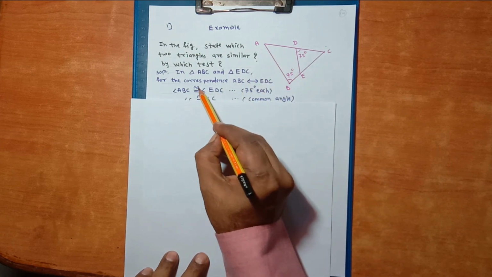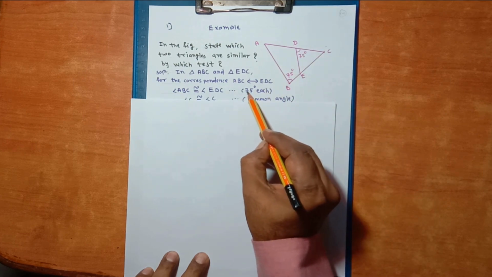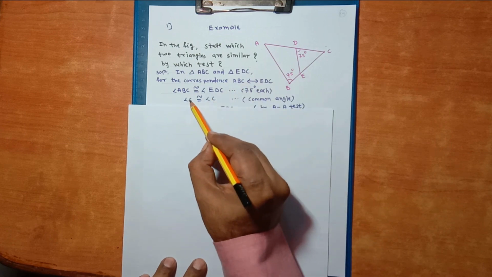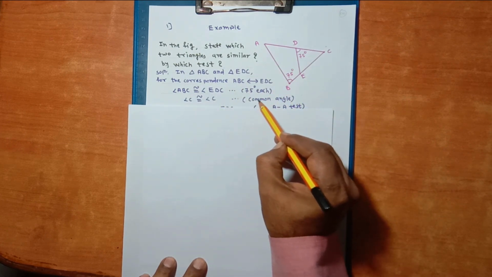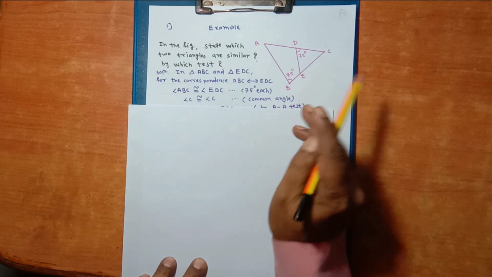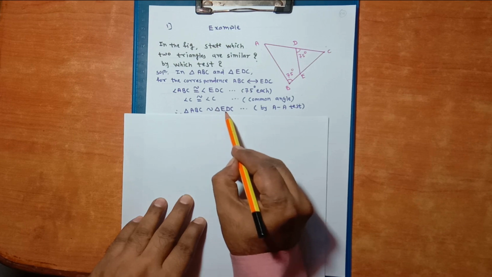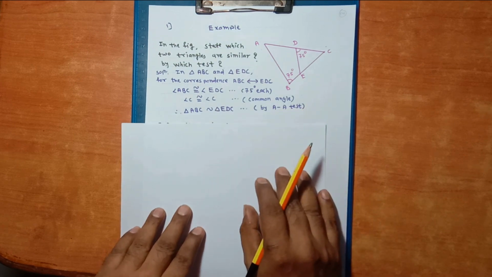Angle ABC is congruent with angle EDC. Reason is 75 degrees each. Angle C is congruent with angle C. It is a common angle for both the triangles. So we can say that triangle ABC is similar with triangle EDC by AA test for similarity.